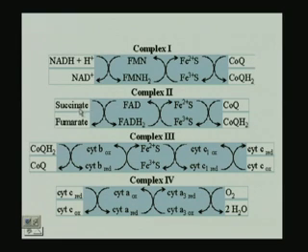In complex 2, we have succinate going to fumarate, which actually forms again CoQ going to CoQH2. In complex 3, we have CoQH2 forming CoQ back again, which then can again be utilized in complex 1. Fine. And we have cytochrome C, the reduced form, being oxidized.